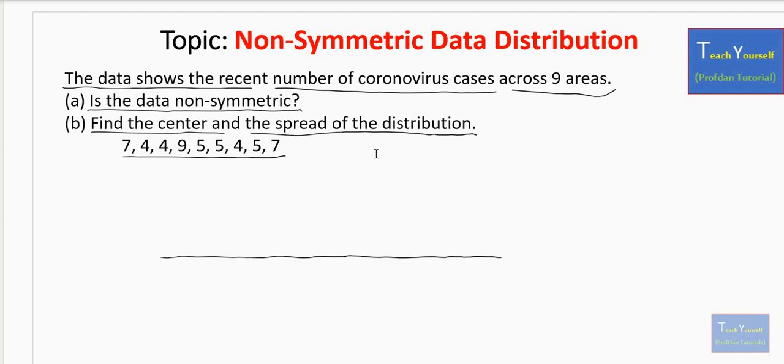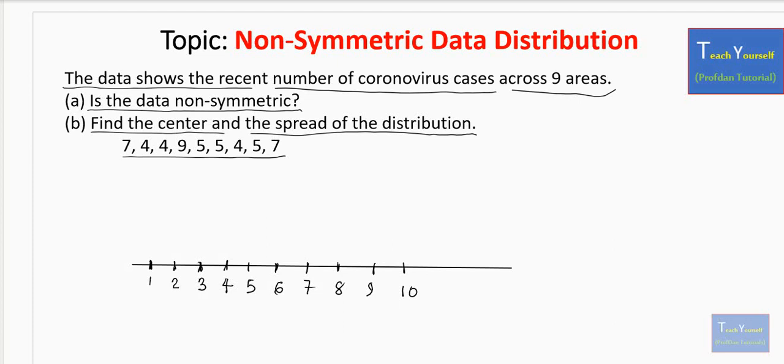So the very first thing, we have number 4. How many times do we have 4 here? So 4 appeared 3 times. So we can plot it on 4. We have 3 times, 1, 2, and 3, as easy as that.